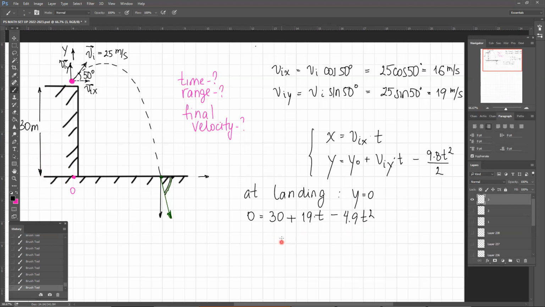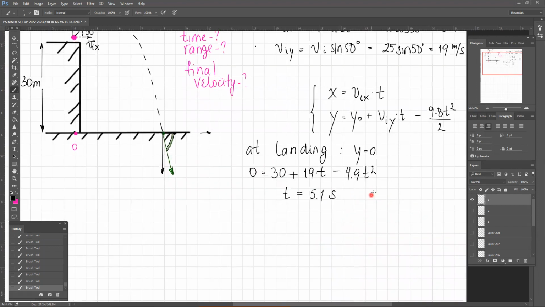Our interest is the positive root, which after calculation is approximately 5.1. If you have a question how to calculate t from here, come see me. We'll just solve a quadratic equation, or I'll show you how to use Wolfram Alpha or Desmos for it. So our time of flight is already known.